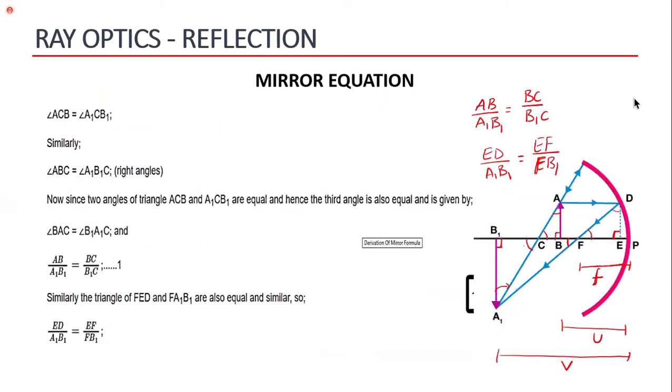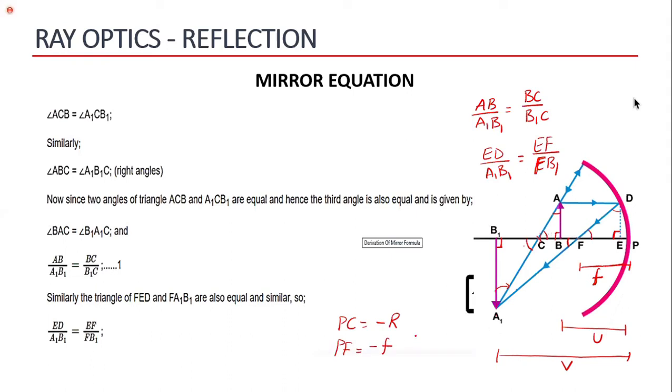Now see, this C is your center of curvature, isn't it? So I'm taking my sign conventions. PC will become minus radius of curvature. PF is minus focal length.